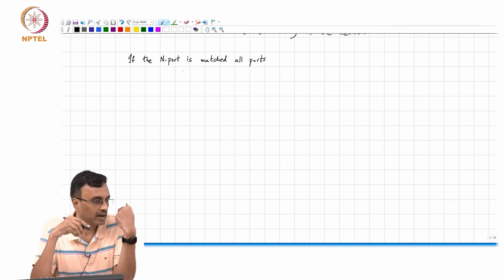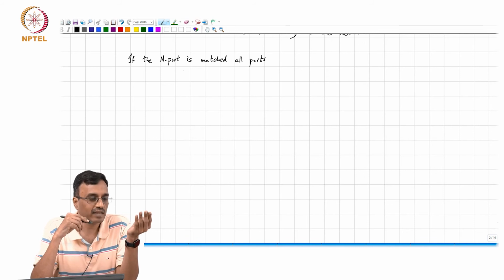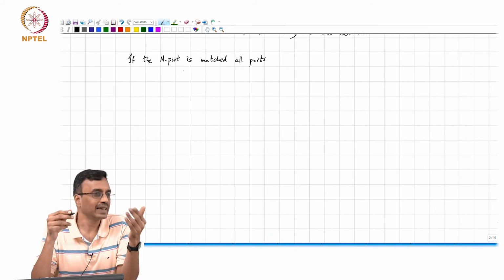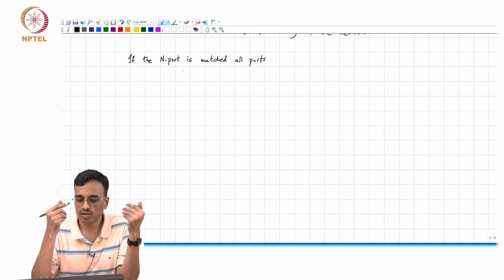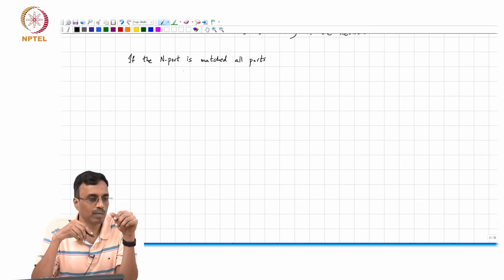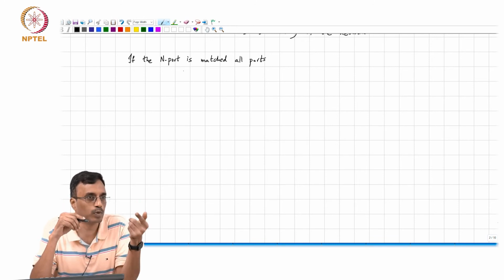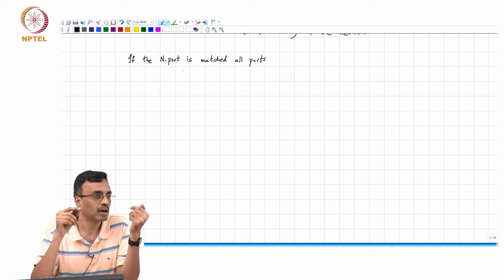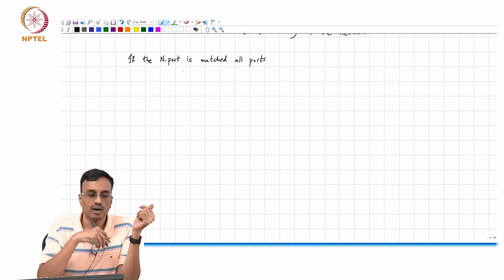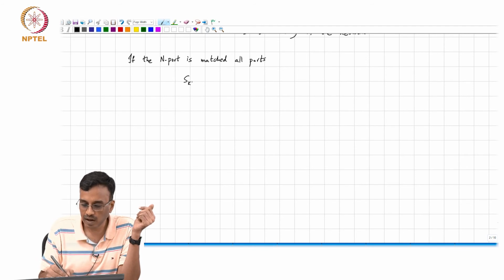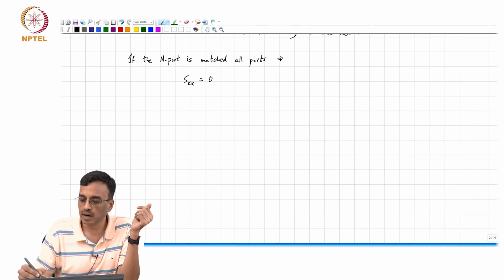That basically means that whatever is incident on that port, nothing gets reflected. So what term in the S matrix quantifies what is reflected when you put something into the kth port? S_KK, where K is the kth port, so S_KK equal to 0. So basically, if the N port is matched at all ports, then the diagonal will be 0.